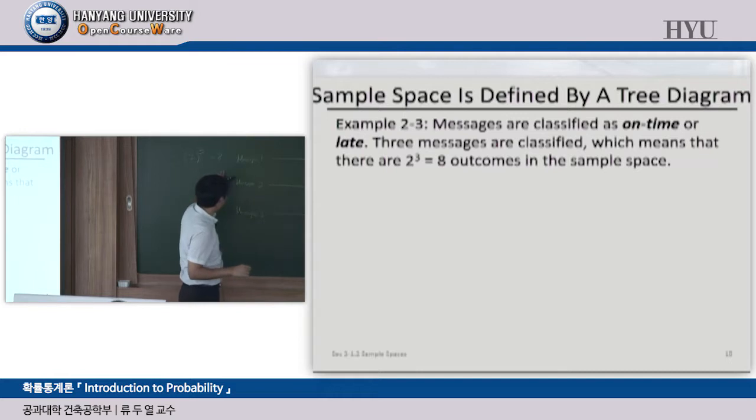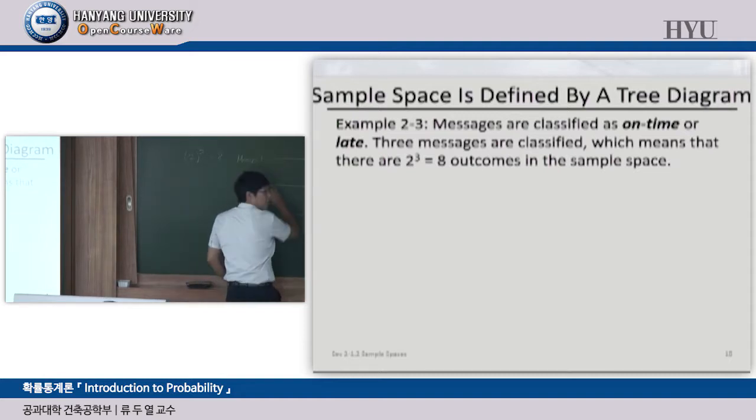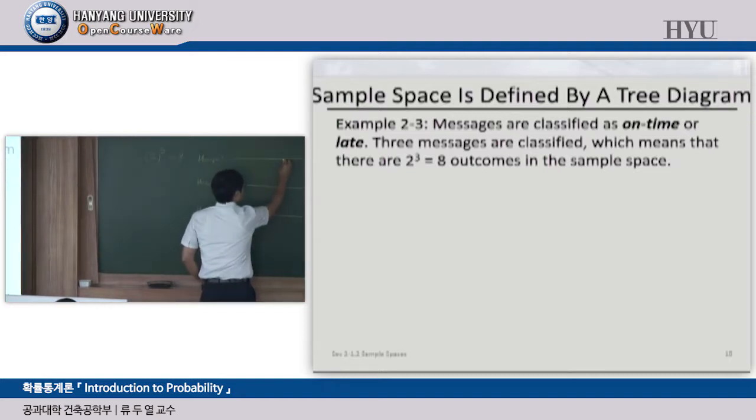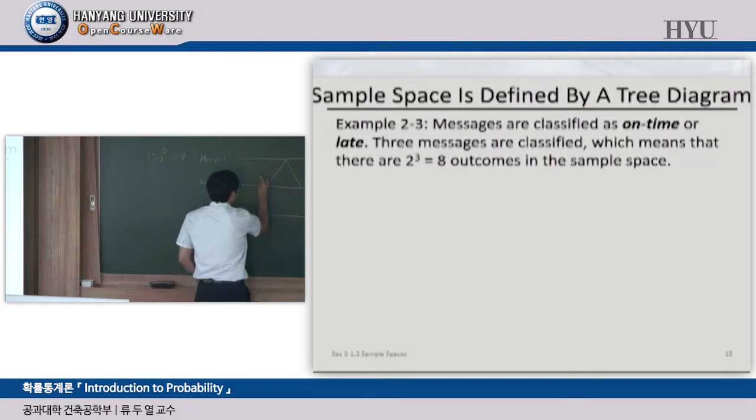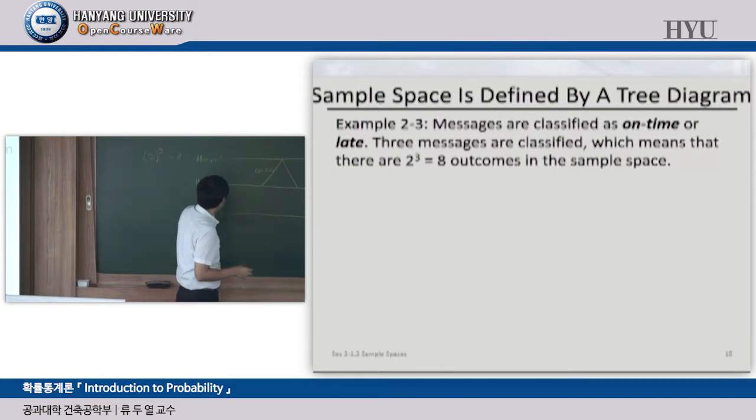If we classify the messages 1, 2, 3, we can firstly think that in the case of message 1, we can have 2 options. First one is that message 1 arrives on time, right? And the other one is that message 1 arrives late.